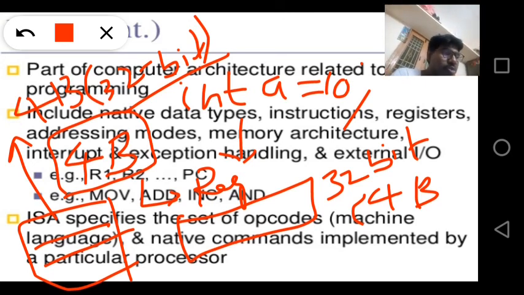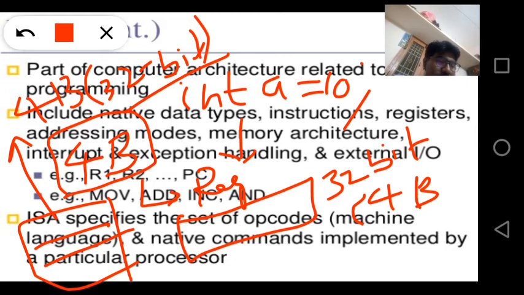It is very important to have an idea of what is meant by a native data type. I hope you are getting it. I'm just explaining with an example. Now we'll try to understand its actual meaning when it comes to native data types.